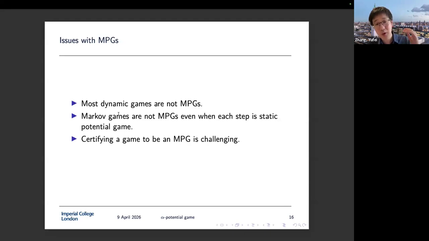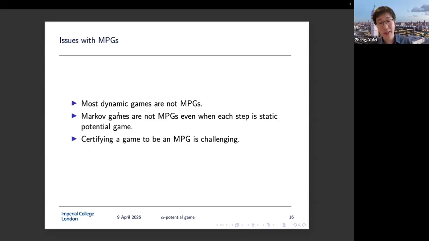In particular, even if you assume that at each step the instantaneous reward function, or instantaneous cost function, is a static potential game, because of the underlying dynamic nature, the overall dynamic game is not a Markov potential game.